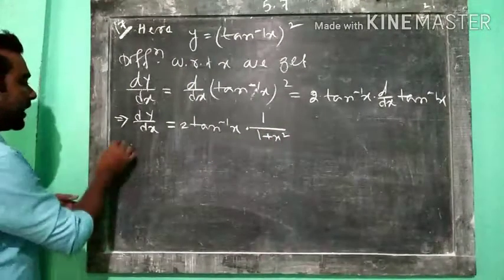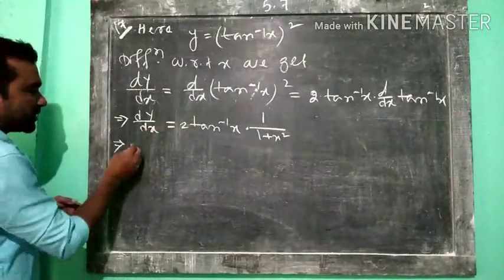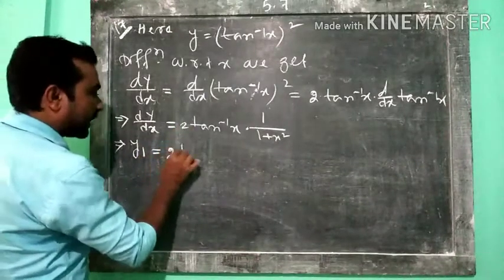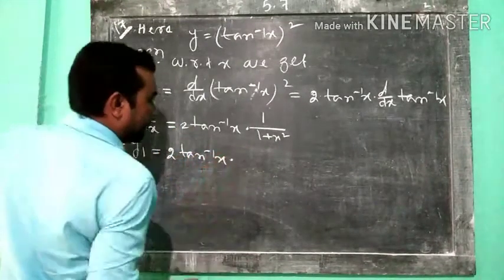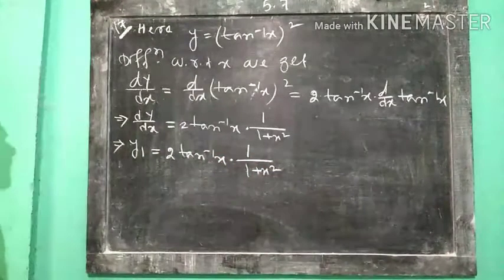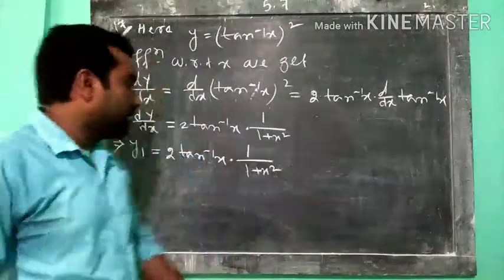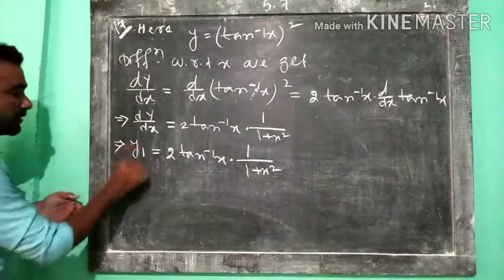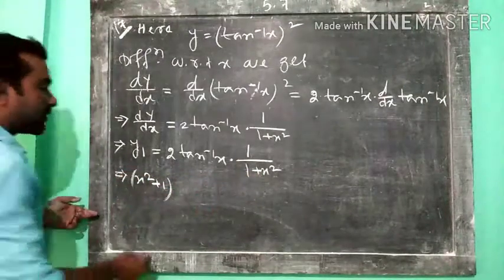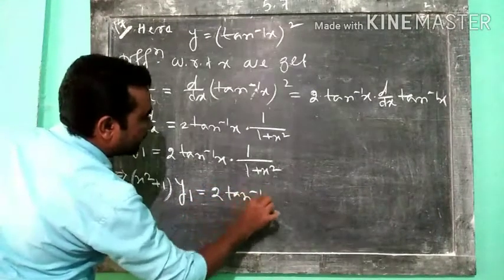So finally dy by dx, which is y1, is equal to 2 tan inverse of x into 1 by 1 plus x square. Now multiplying by x square plus 1, we get (x square plus 1) into y1.